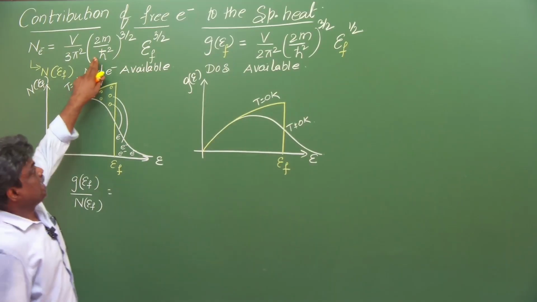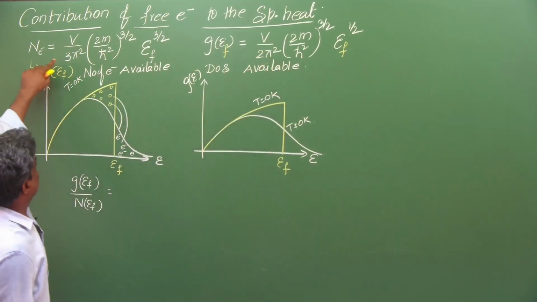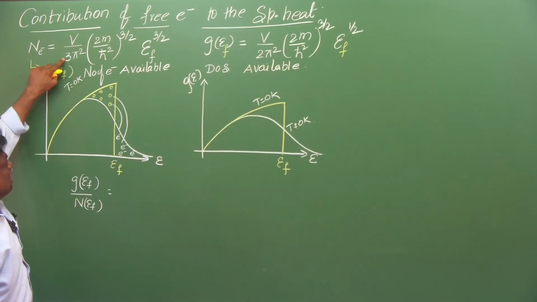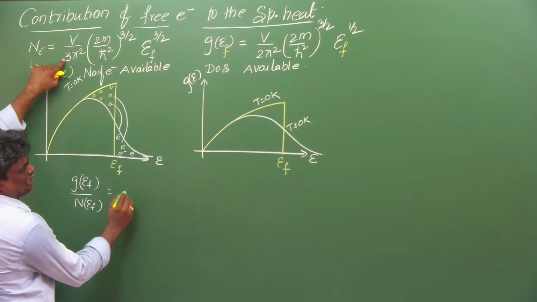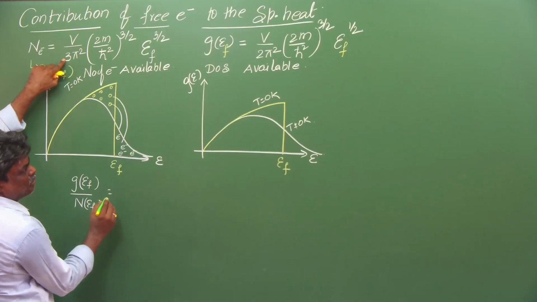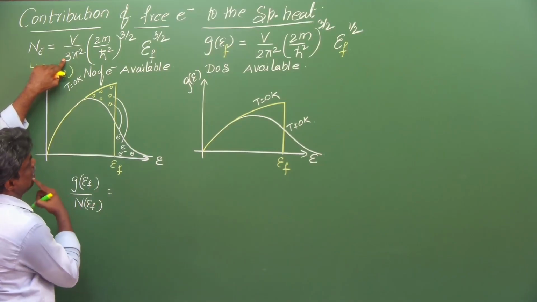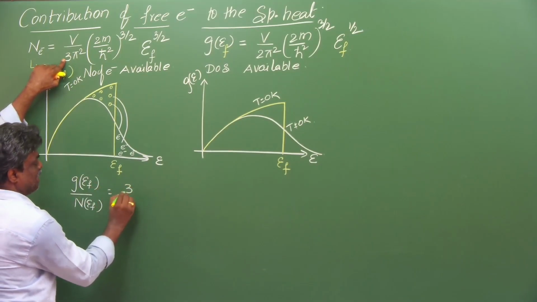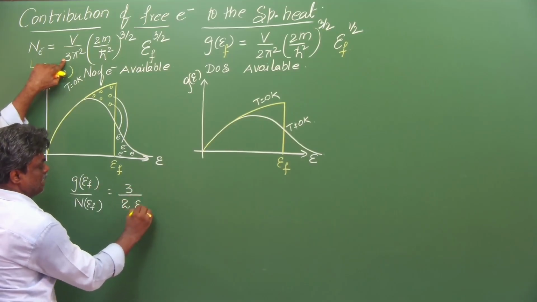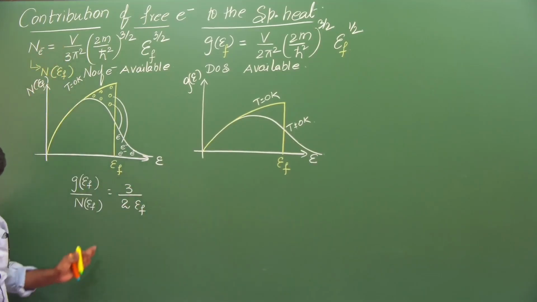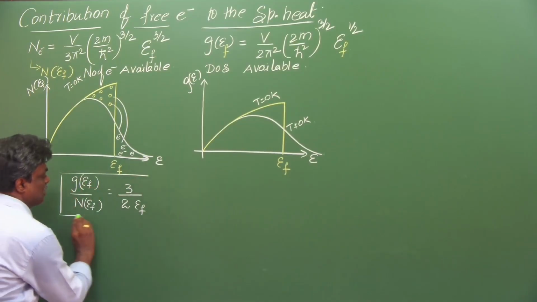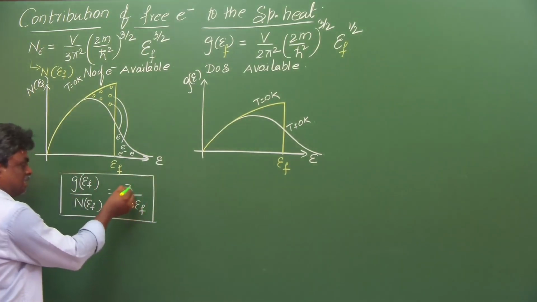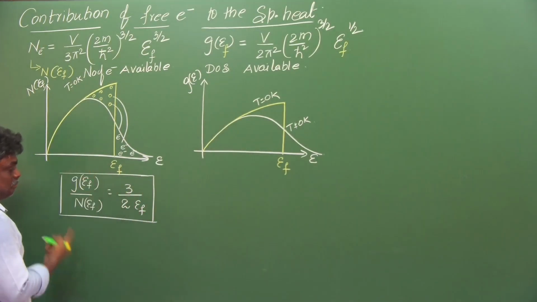This gets cancelled, V by pi square cancels. Here it is 1 by 3, that's why 1 by 3 by 2, 3 by 2 EF. Check. Is it? Good. So g of E by N of E equals how much? 3 by 2 EF. What does it mean?